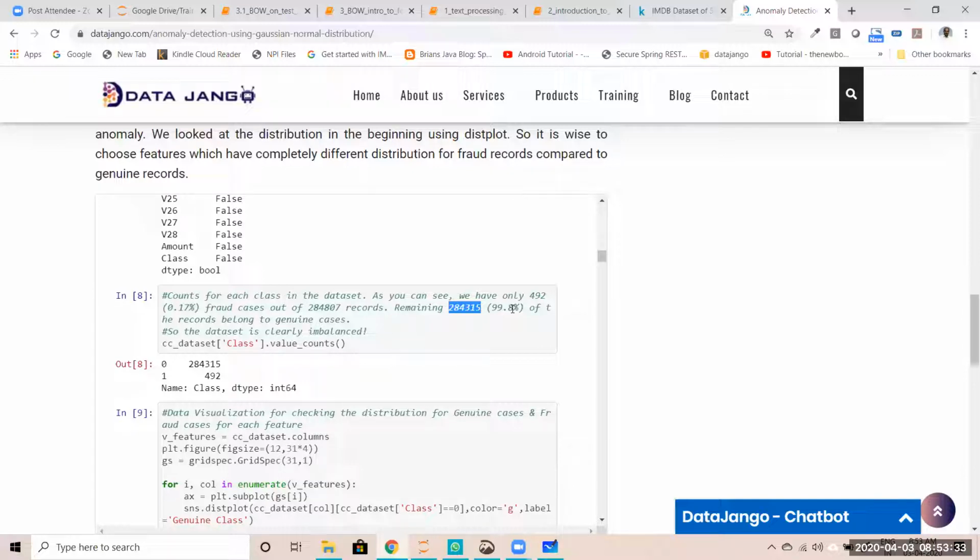And one more thing, if you put 1 for 2,84,350 records and try to build a model and look at precision and recall scores, then also you will get around 100% precision and recall. So to avoid that problem, we need to assign 1 to 492, 0 to these 2,84,315 records.